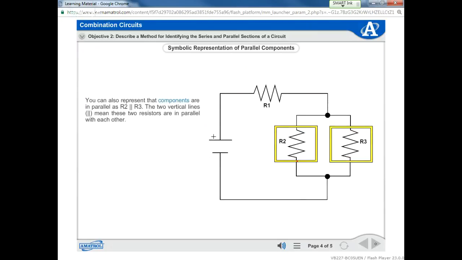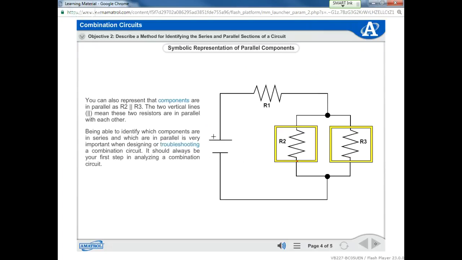You can also represent the components in parallel as R2 double bar R3. The two vertical lines, or double bar, mean these two resistors are in parallel with each other. Being able to identify which components are in series and which are in parallel is very important when designing or troubleshooting a combination circuit. It should always be your first step in analyzing a combination circuit.